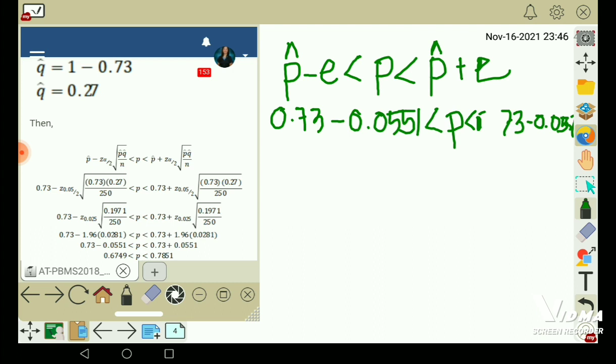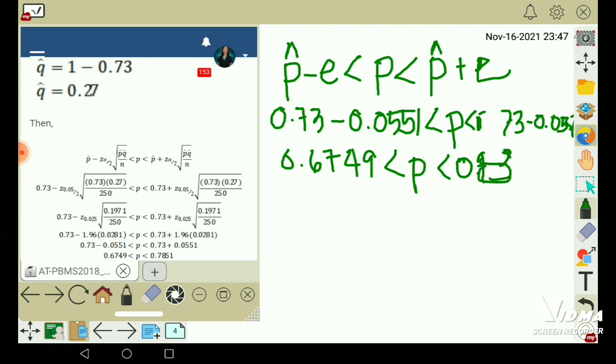Okay, so we have the interval, which is 0.6749, which is your lower limit, and that is less than your population proportion, and your upper limit is 0.7851. Okay, so this is your lower limit, and this is your upper limit.